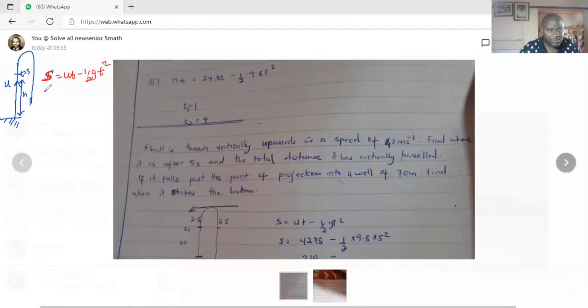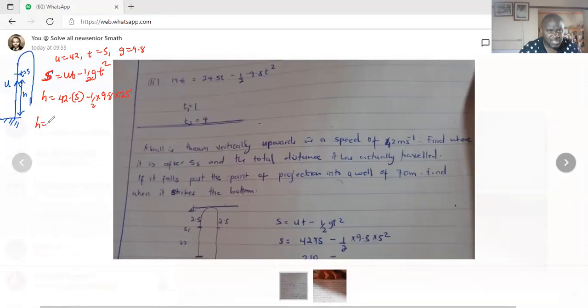Now we are being asked to find H. The initial velocity is 42. The time is 5. Of course, G is 9.8. It is constant. So we shall have 42 times 5 minus half times 9.8 times 25. 25 comes from 5 squared.